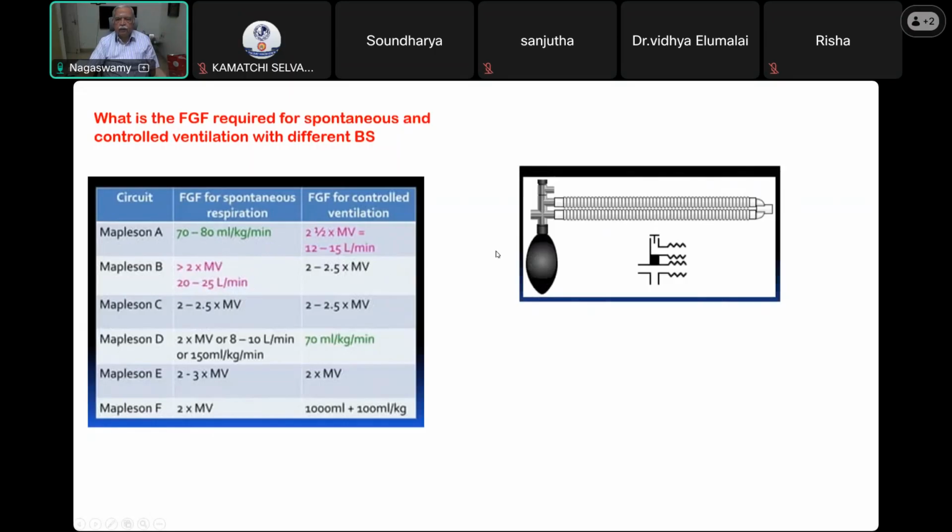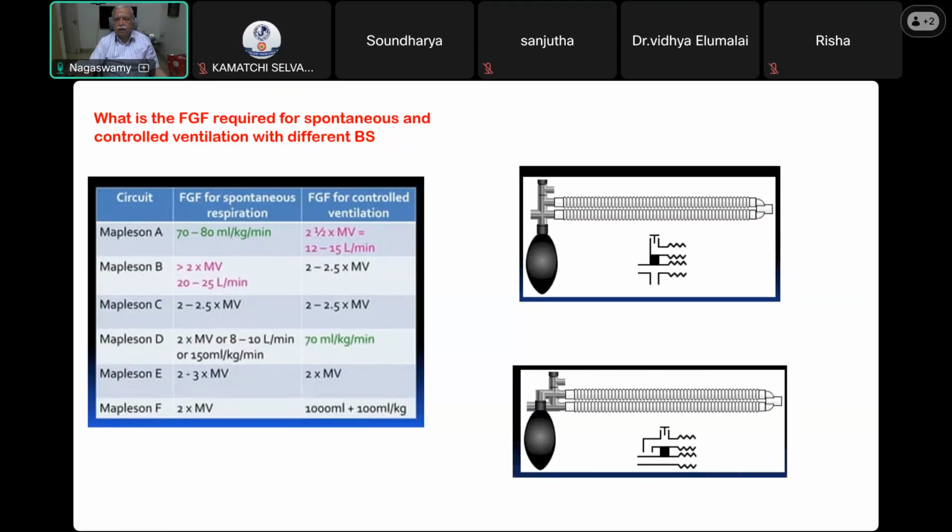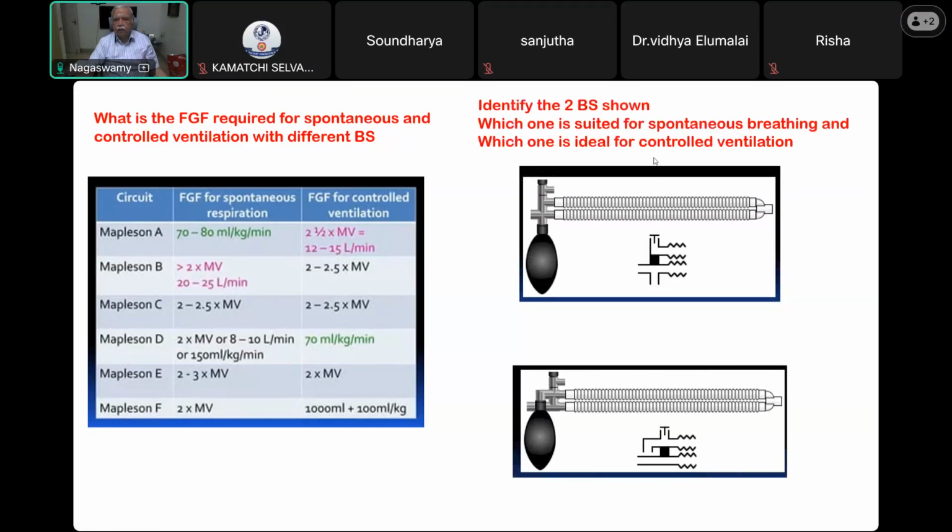So can you identify what this particular breathing system is? Modification of coaxial, modification of Lack circuit. Lack. This one is suited for spontaneous, and which one is suited for controlled ventilation? This.